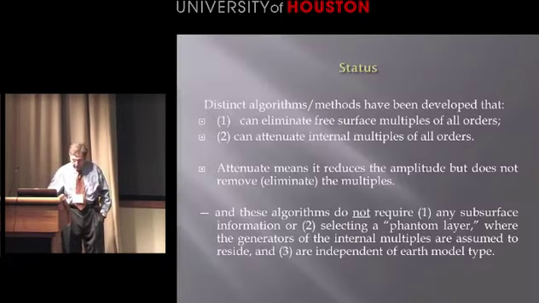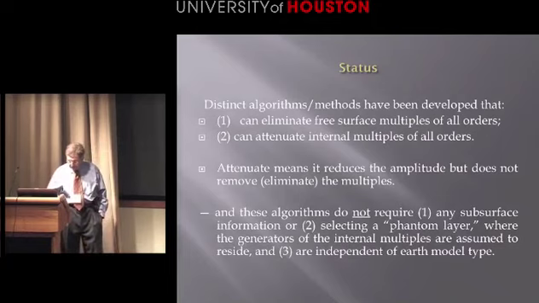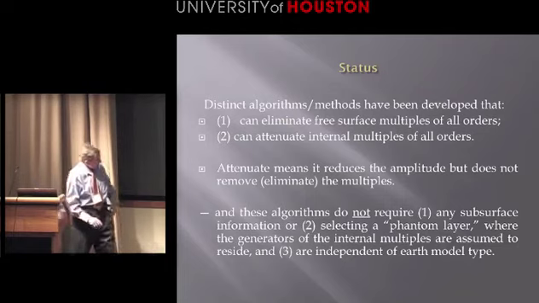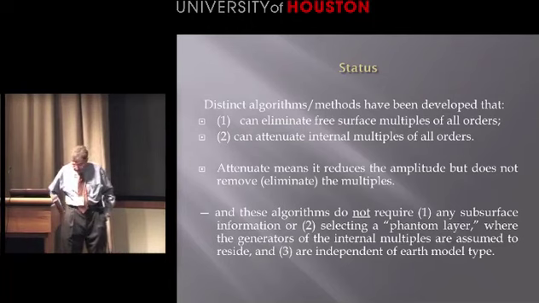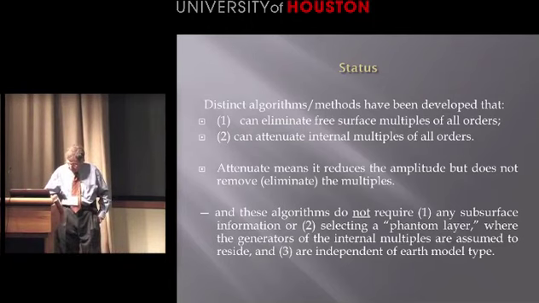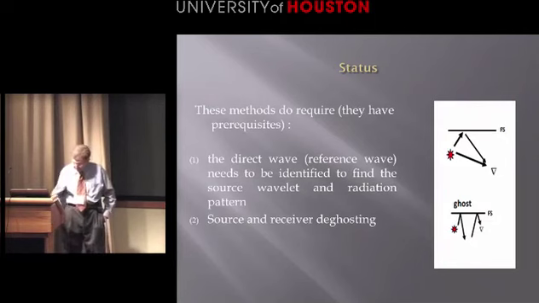So the status today is that we have a free surface eliminator and an internal multiple attenuator, and they don't require subsurface information, they don't require phantom layers or any type of interpretive intervention. They do have these prerequisites that we mentioned before.